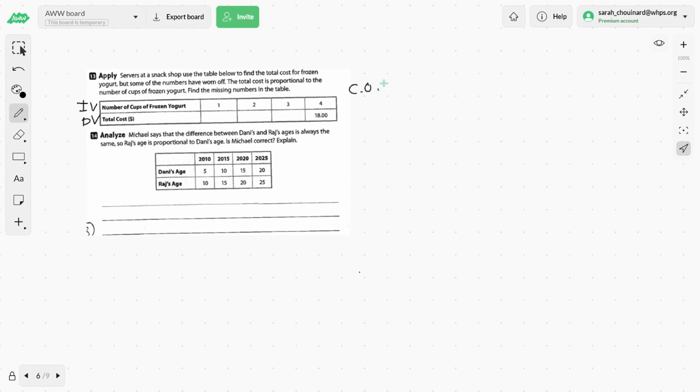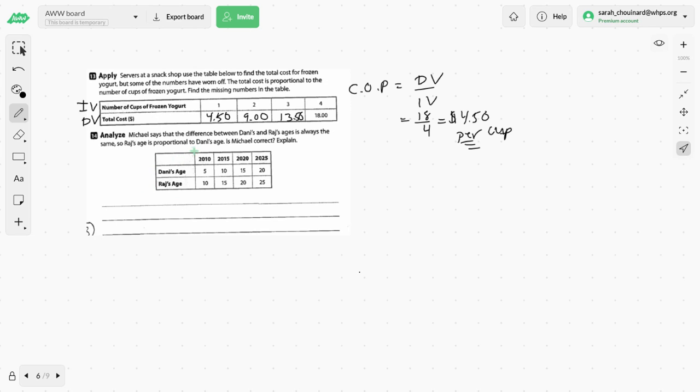So the C.O.P is the DV divided by the IV, which is, in this case, 18 divided by 4, which is $4.50 per cup. We always use the word per when we label a C.O.P. So 1 cup would be $4.50, 2 cups would be $9, 3 cups would be $13.50, and 4 cups would be $18.